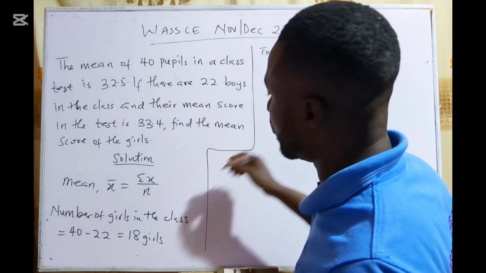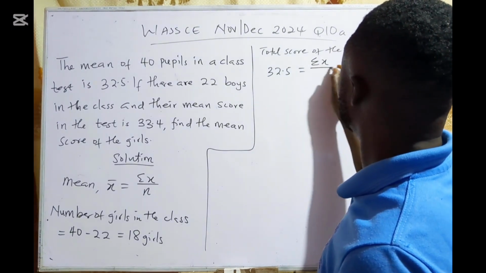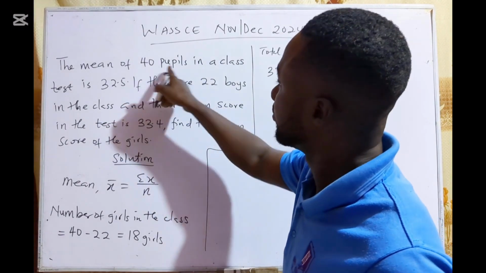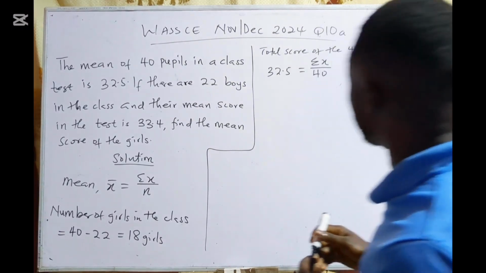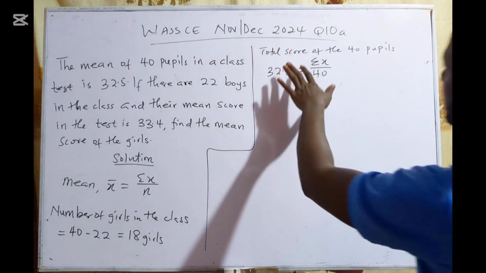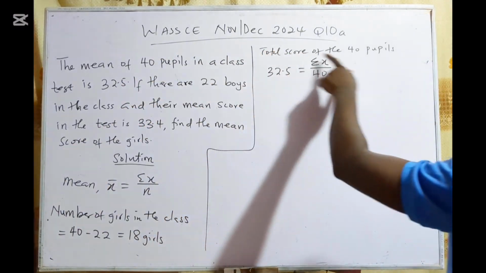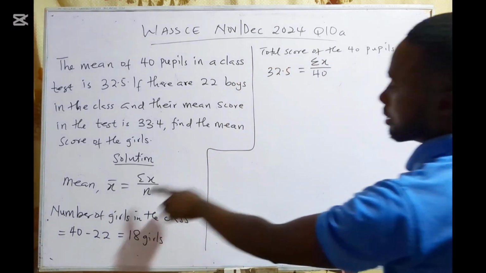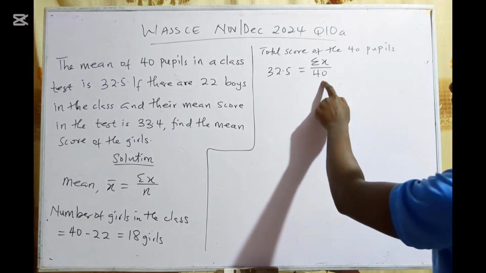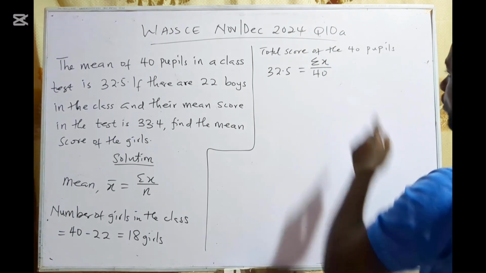The 32.5 will be equal to the total score, the summation, over how many people we are talking about, which is 40. So the mean is equal to the summation of the scores over the number of people. So 32.5 equals the summation, sigma x, over 40.